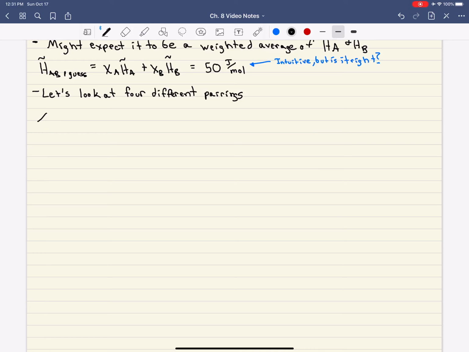So our first chemical is N-hexane. It's just a very simple alkane molecule with 6 carbons. Second chemical is N-heptane. So instead of 6 carbons, it has 7.